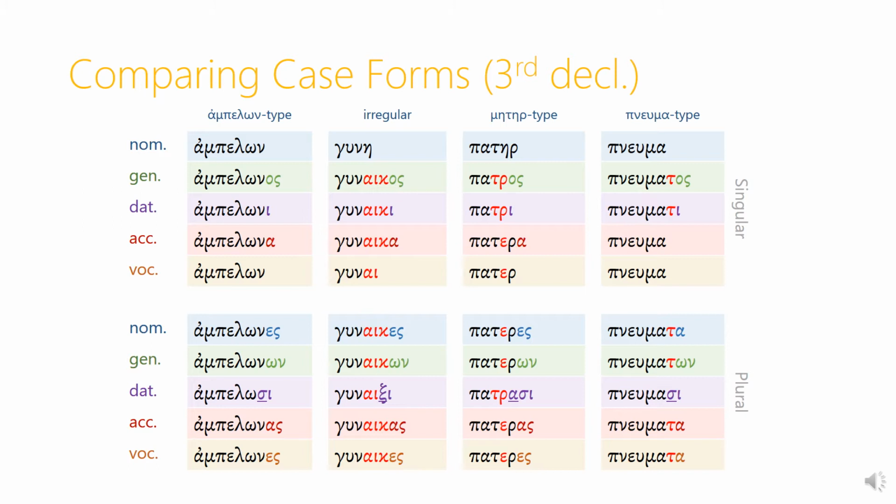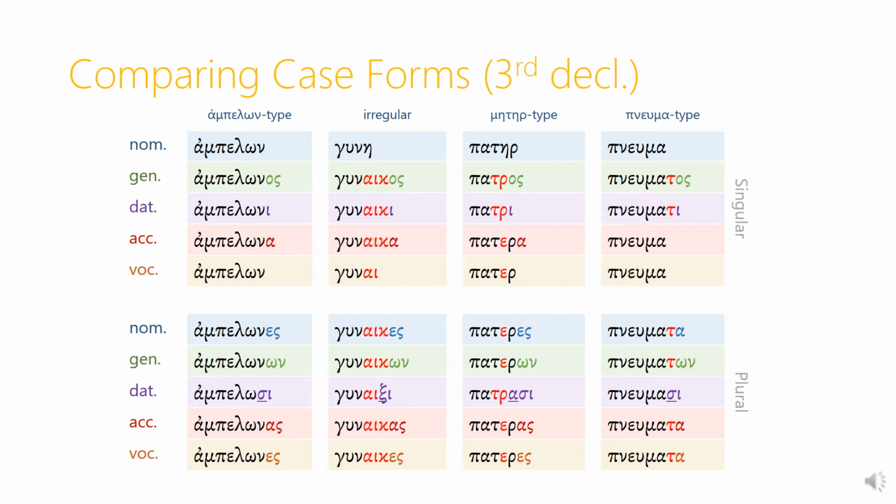Now, notice that the nu at the end of the real stem has disappeared in the dative plural. Instead of ampelonsi, we just have ampelosi. And that's basically for ease of pronunciation. It's common when you're adding an ending that begins with sigma for a nu before it to drop out. You just have to keep that in mind.